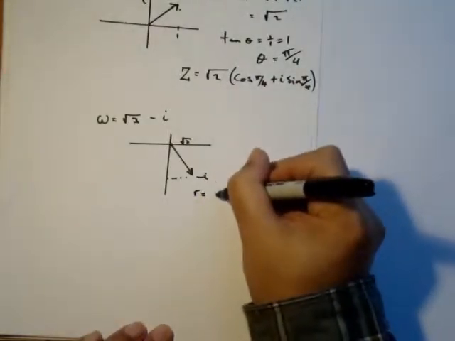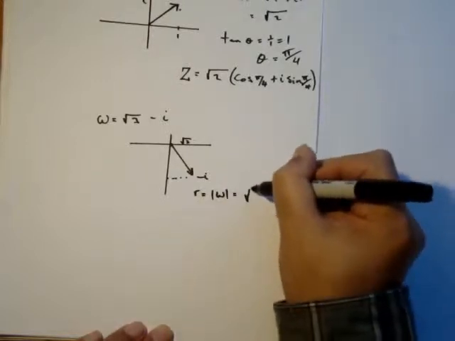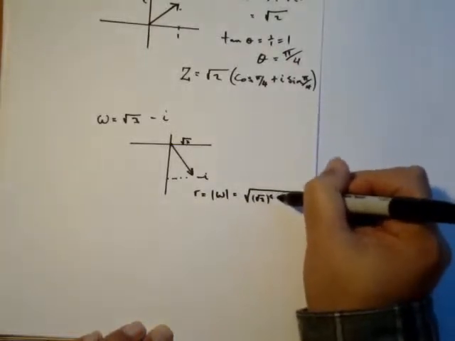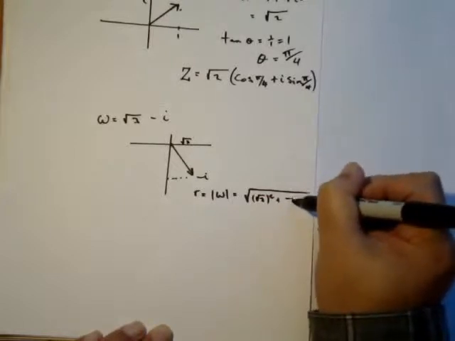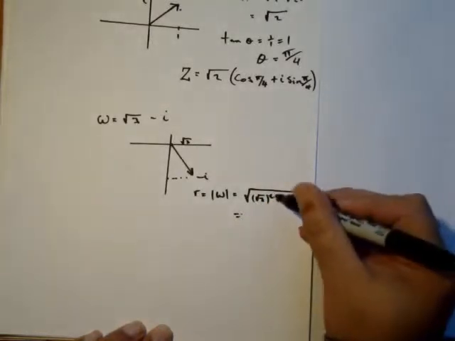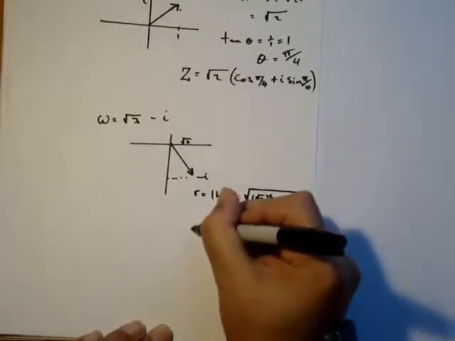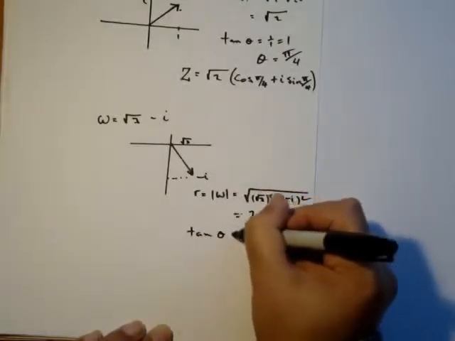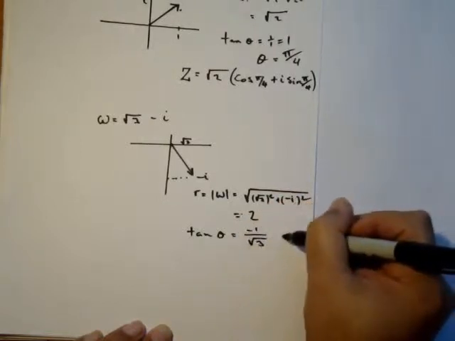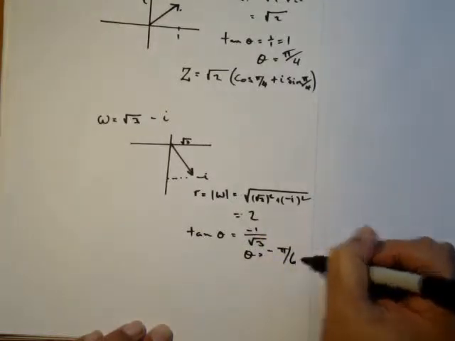Okay, so r, the modulus of w, or mod w, equals the square root of the square root of 3 squared plus minus 1 squared. So this becomes 3 plus 1, which is 4, so r is 2. So tan theta is minus 1 over square root of 3, which makes theta minus pi over 6.